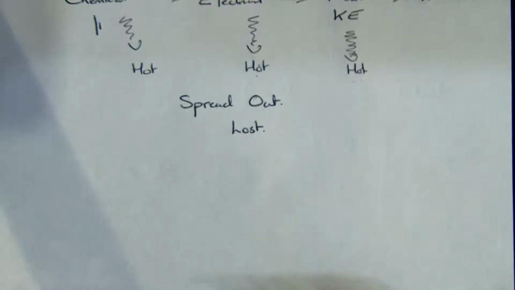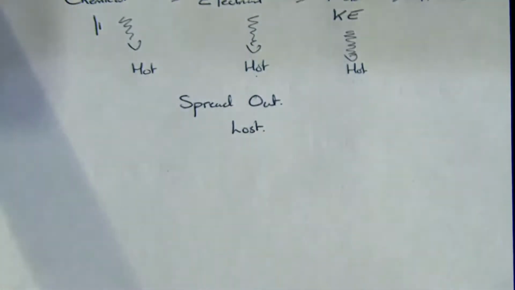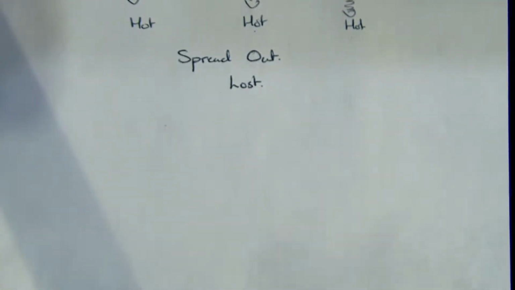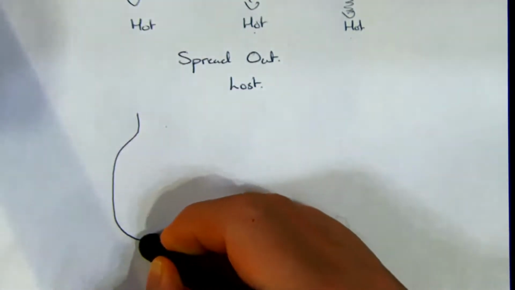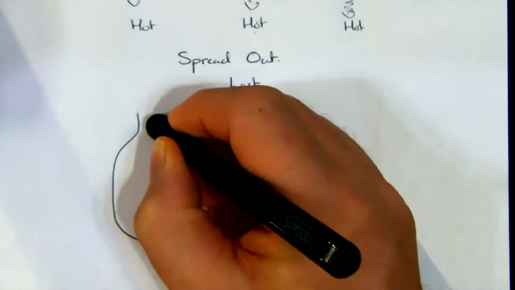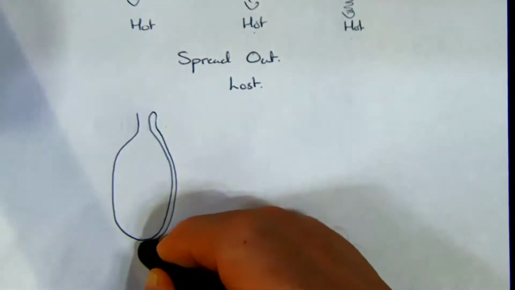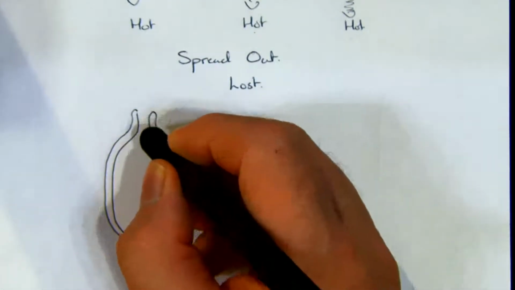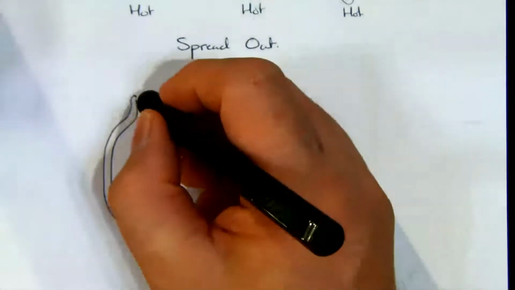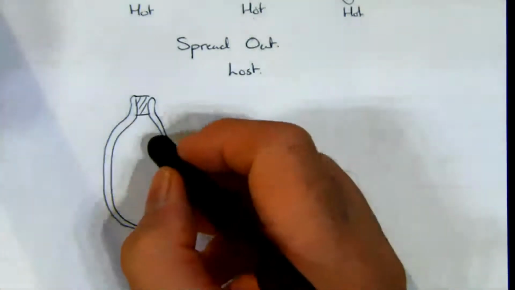We see this in all types of things. Our energy is spread out. The most common one we see is this vacuum flask. You have a nice little vacuum flask, and very good it is too at keeping in the heat, and it's going to keep your tea or something else hot for quite a while.